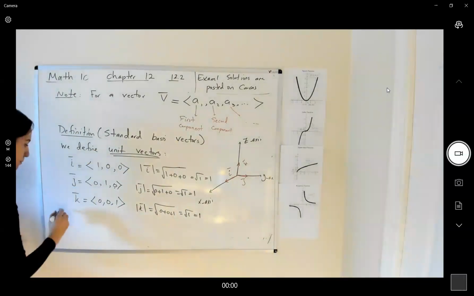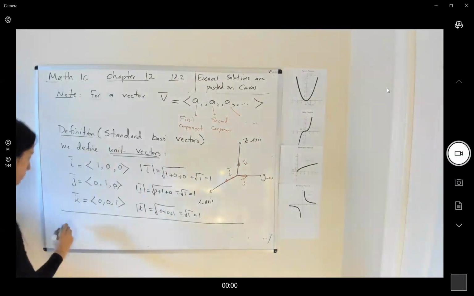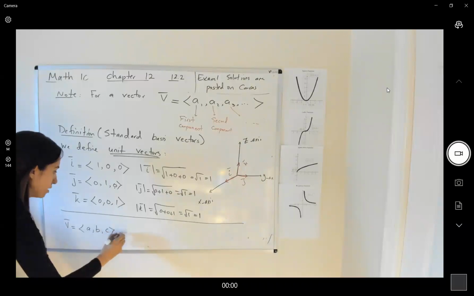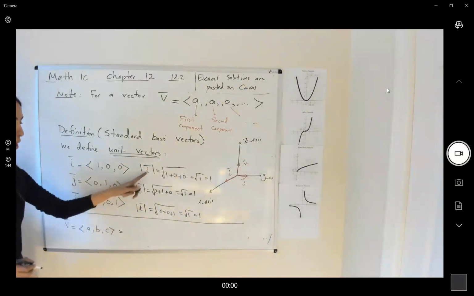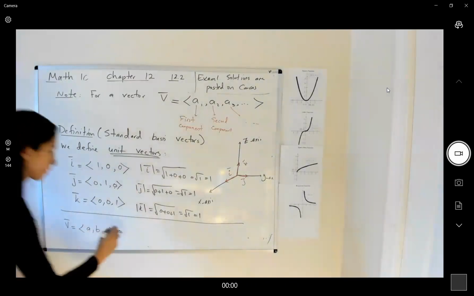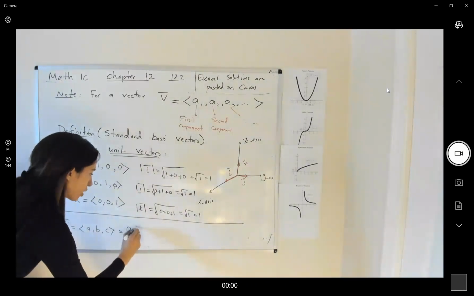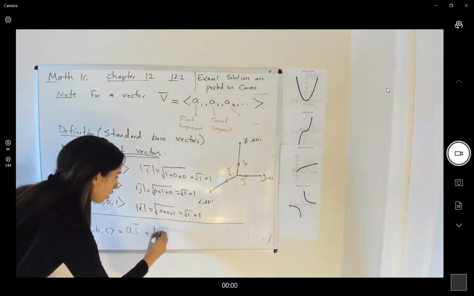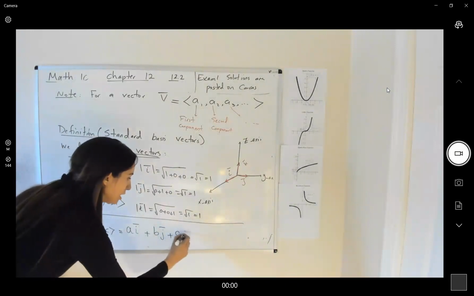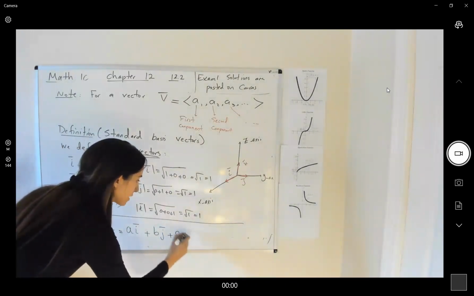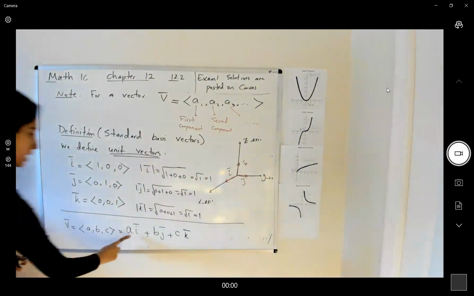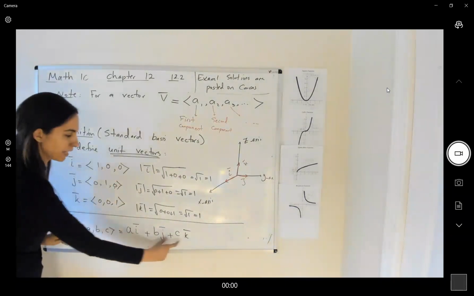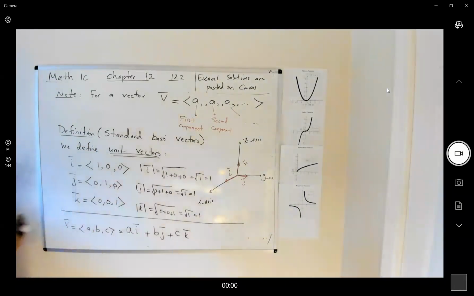So any vector v with components a, b, and c can be written using i, j, and k. This is a in the direction of x-axis plus b in the direction of y-axis plus c in the direction of z-axis. a on x-axis, b on y-axis, and c on z-axis.